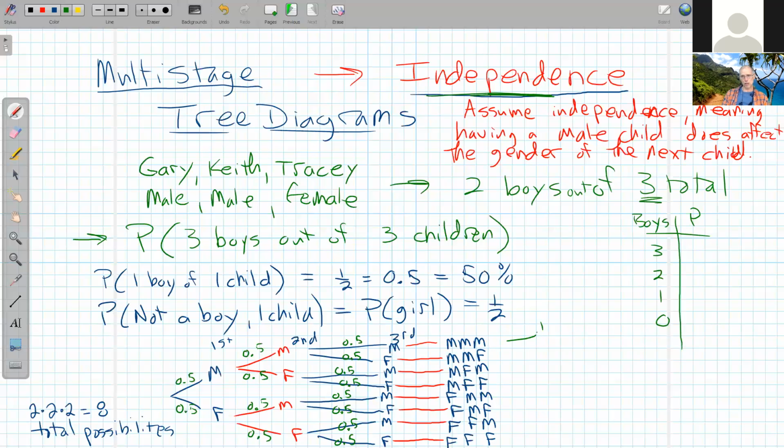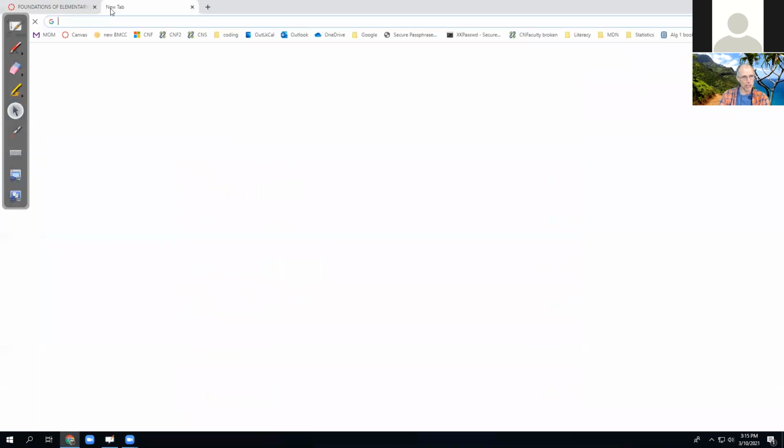So each of these should have a 1/8 probability because there's 8 of them and I started off with that equally likely assumption. Another way to check that is if you follow any particular branch, like let's say this one right here, the male, female, male, and we multiply the probabilities along the way. I had a 0.5 probability followed by a 0.5 probability followed by a 0.5 probability. If we double check that on a calculator, it should come out to 1/8. So a calculator would be handy today.